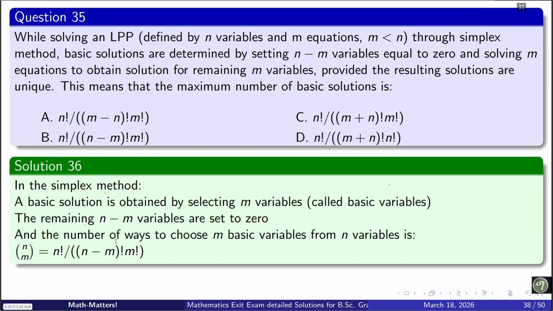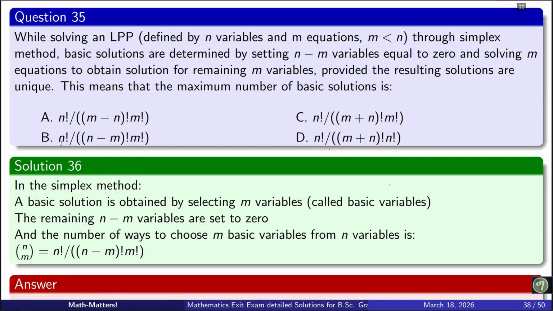So the answer for this question is B, that's simply n factorial over n minus m factorial times m factorial.